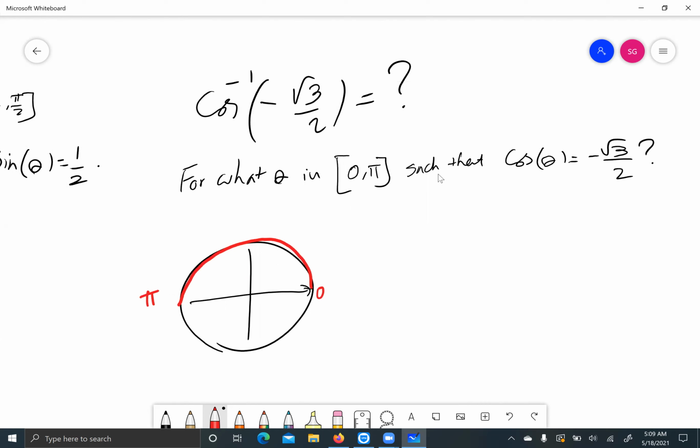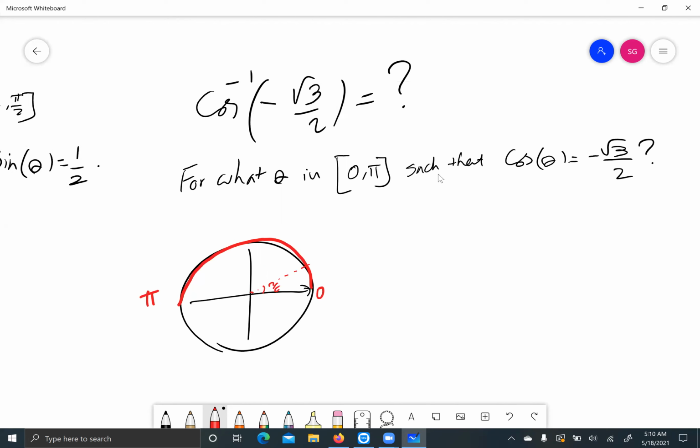Square root of 3 over 2 is related to what fundamental angle? It's pi over 6.